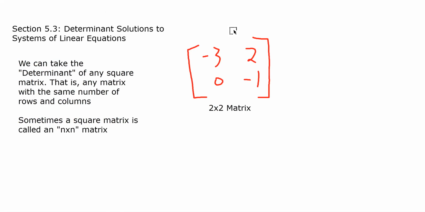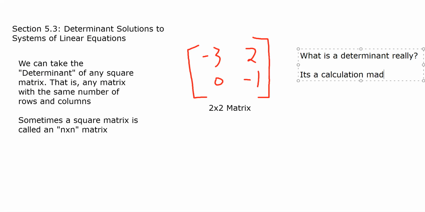So whenever you have a square matrix, you can take its determinant. Now, what the heck is a determinant? It's a calculation made on a square matrix only. So you can't take the determinant of a 2x3 or a 14x6 matrix.